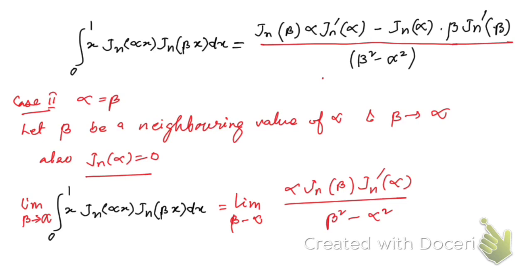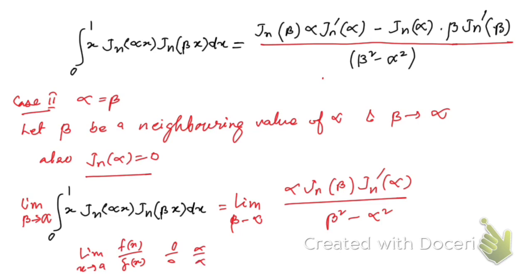According to that rule, for limit x tends to a of f of x by g of x, if f of a and g of a are both 0, or infinity, then this is of the 0 by 0 form or infinity by infinity form.